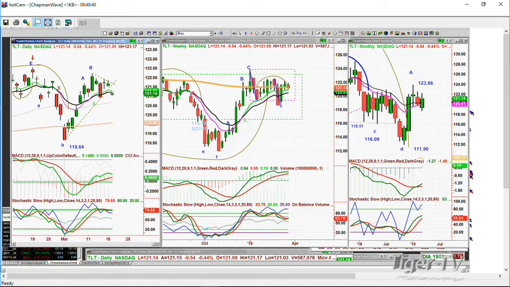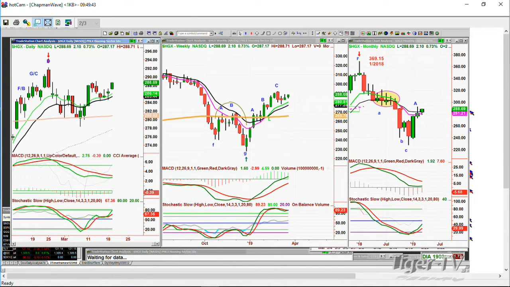So you have jobs, and the housing index, the HGX, is up 2.10 right now, but it's had a terrific move from the 229 low to the recent 292 high, pull back a little bit. It's trading at 288 right now, but it went from 369 back in January of 2018.